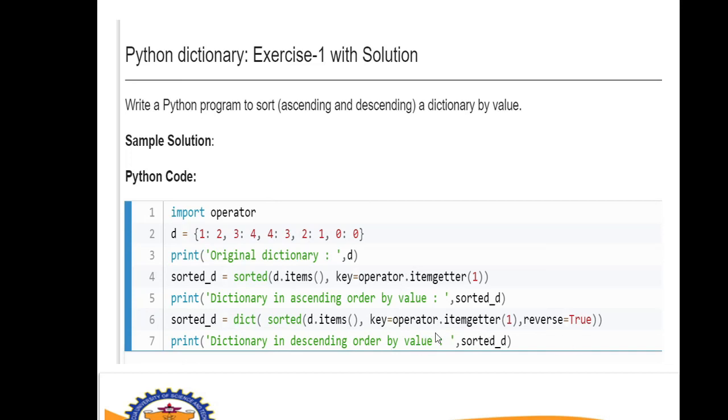So, ito yung sample. Ayan. Kailangan natin syempre mag-import ng operator module, and then our dictionary, ito yung given dictionary natin, print the original dictionary. So, siguro mag-i-include na lang ako ng MS Docs that will explain how this method works.